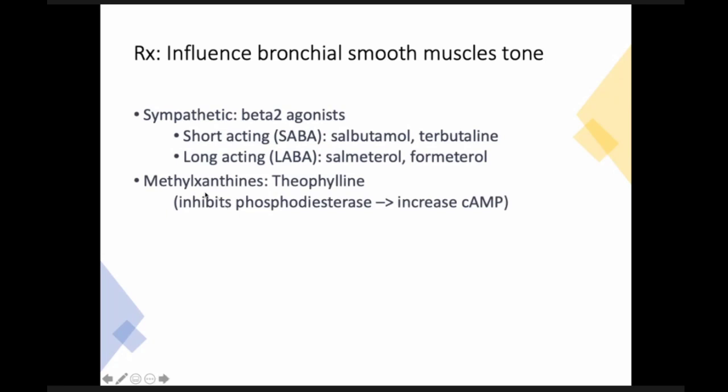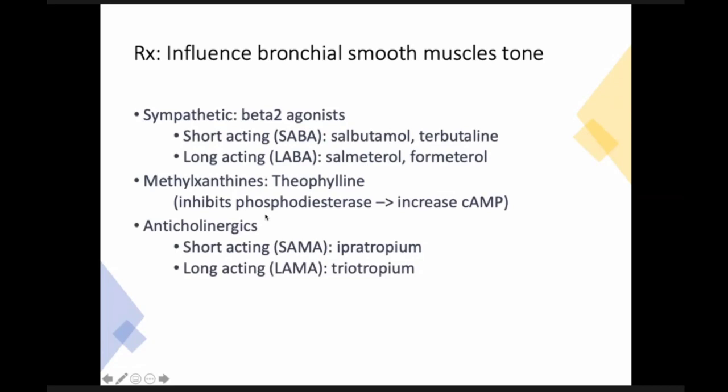Then we have xanthines. One of the commonly used ones is theophylline, available as oral tablets or intravenous preparations. Again, as I mentioned earlier, we are not very fond of these because of the adverse effect profile, and we prefer not to use these nowadays.